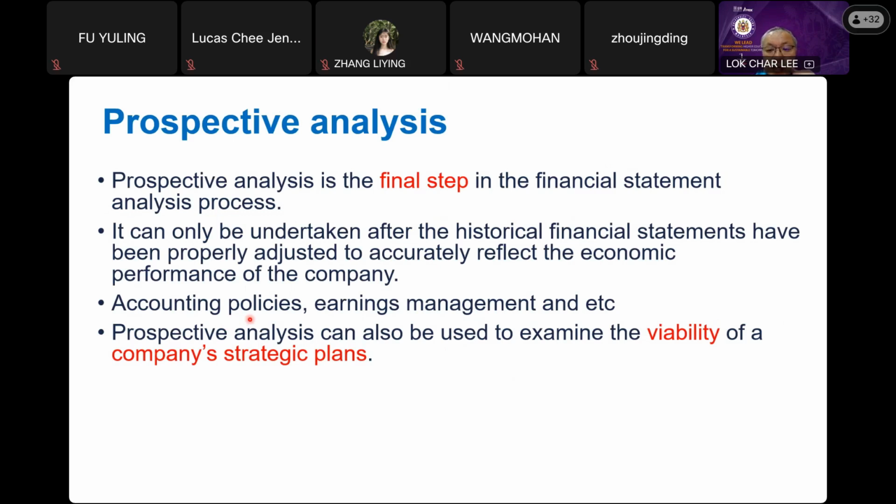We have many types of accounting policy, and different policies will provide different results. So sometimes it is very hard to compare. You cannot compare the results of two companies if they are applying different accounting policies.